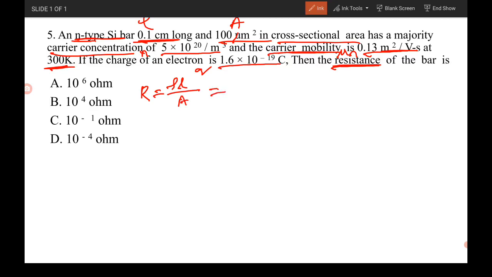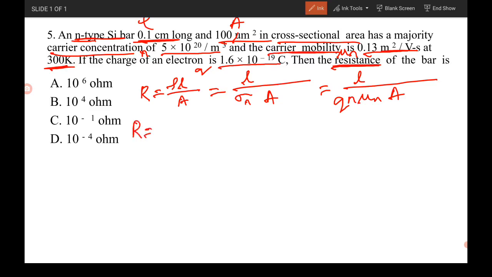So it can be written as L divided by sigma, where sigma is the conductivity, sigma n for n-type, into area, where rho is equal to 1 by sigma. So we can write the formula for sigma n. So R is L divided by q n mu n into A. So now we can substitute the given values and find what is R.